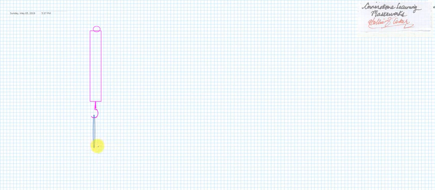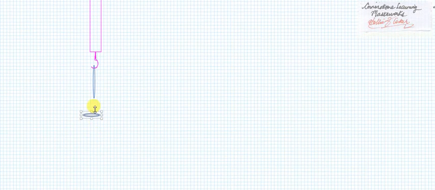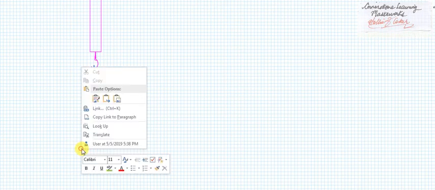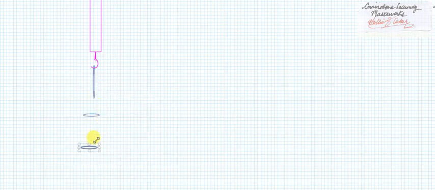And then below the rubber band you'll have your slotted masses. Now you see the slotted masses coming on the road.